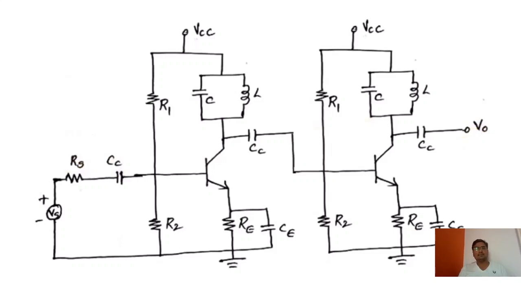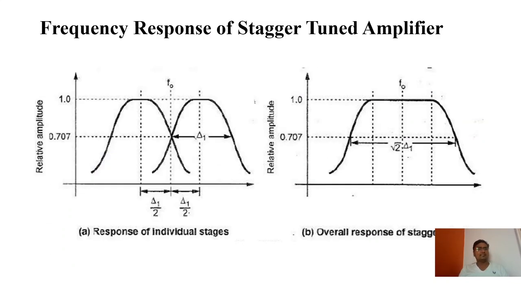Now after this circuit diagram, the benefit that I am getting obviously reflects in the frequency response. Now look at this. This is the frequency response of the stagger tuned amplifier. In the first figure, on the left hand side, I am showing the frequency response of individual stages. Intentionally I am showing the individual stages' frequency response.